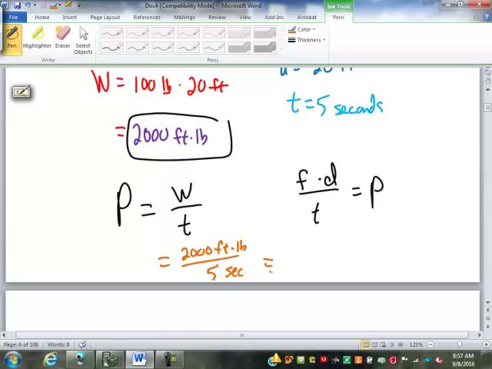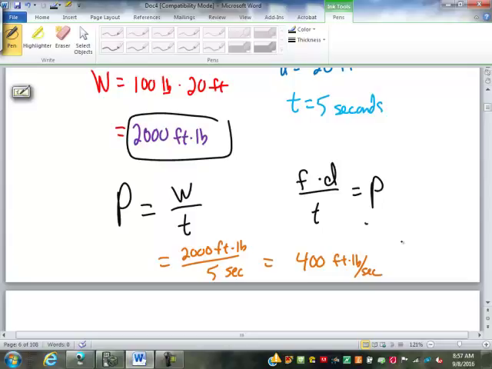So we do 2,000 divided by 5 is 400, and the unit there is foot-pounds per second. Now, there are other units that come in there, like joules and stuff like that, but we're not going to get into the other units for now. What's the theorem? Power equals what work? Divided by time.